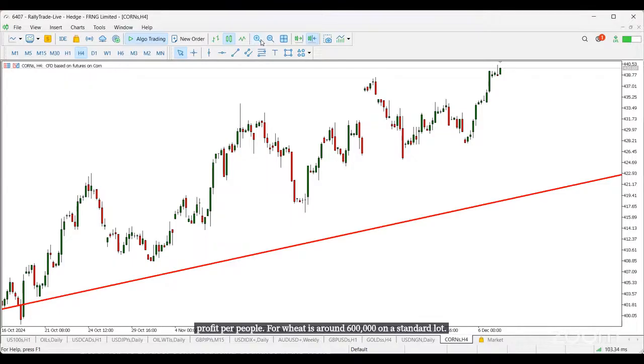On a standard lot of something like EURUSD, which is a currency, one pip is $10, so we're talking about around 16,000 or thereabout. But one standard lot for corn is over 700,000 naira.